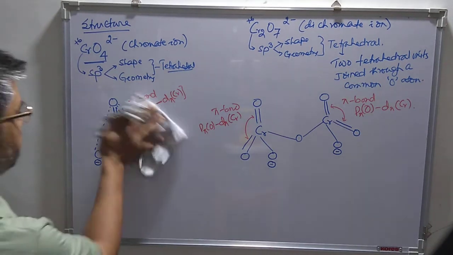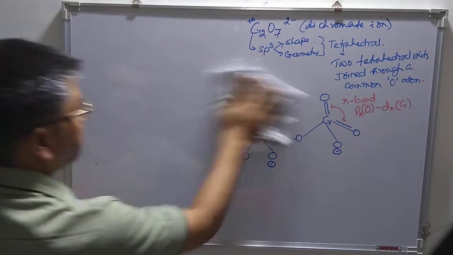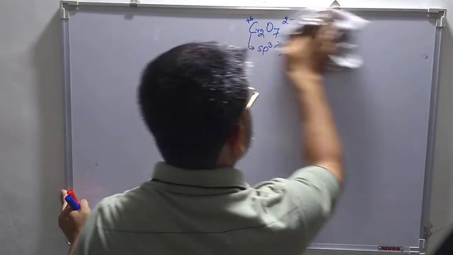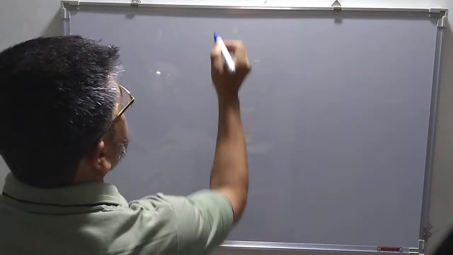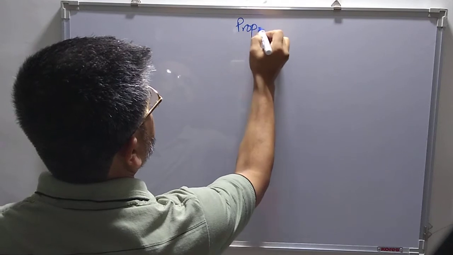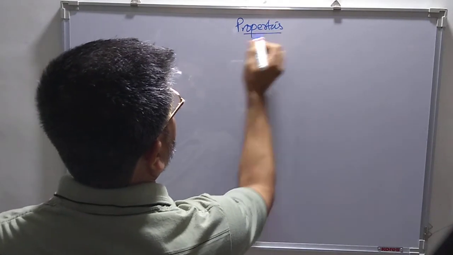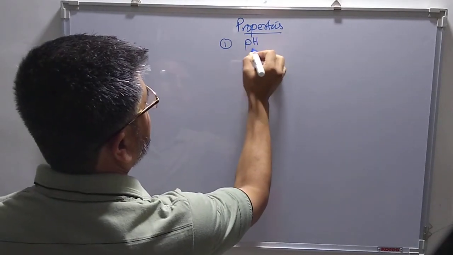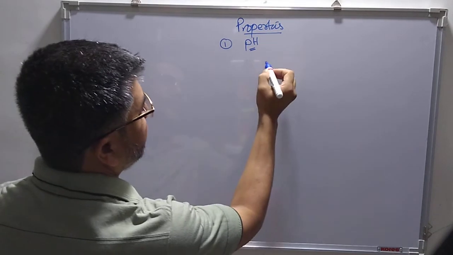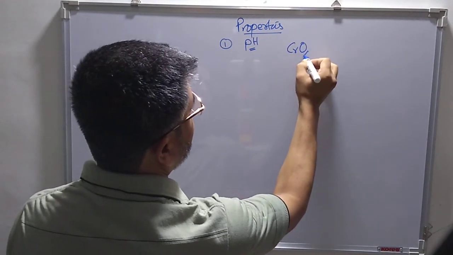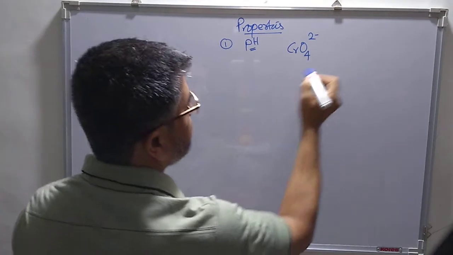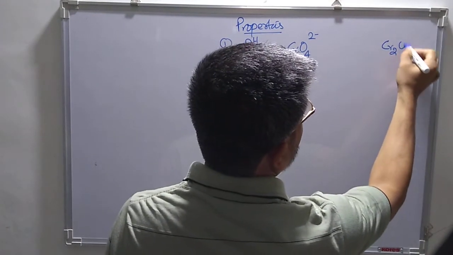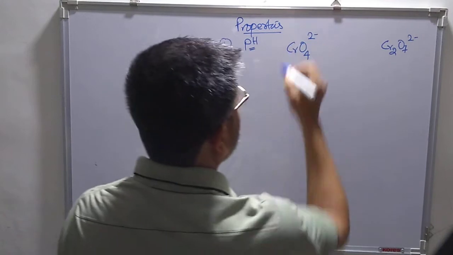Now we are coming to the properties. First, the effect of pH. We have chromate CrO4 2 minus, and we have Cr2O7 2 minus.